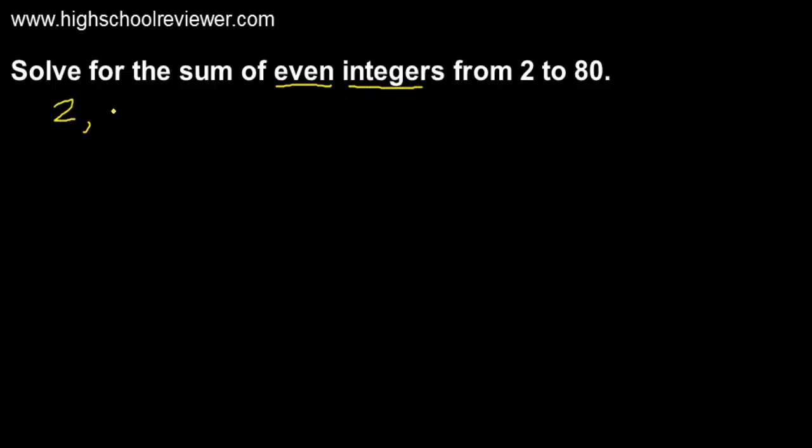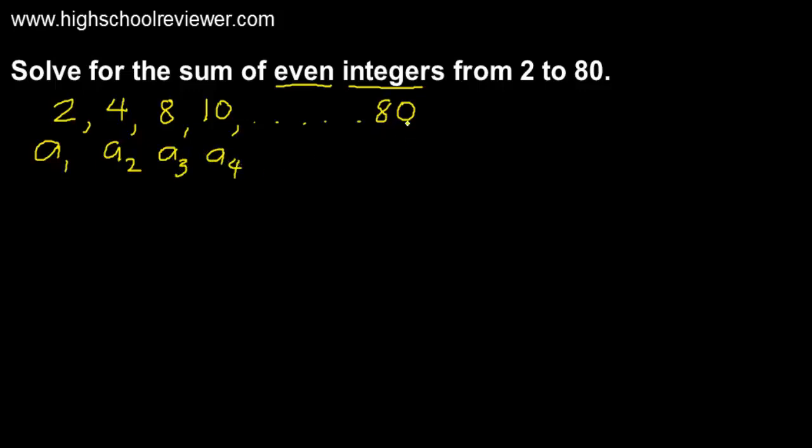From 2, this will be followed by positive 4, positive 6, positive 8, positive 10, and so on, with the last integer value as positive 80. So this will be a sub 1, a sub 2, a sub 3, a sub 4, and 80 here is our last term.